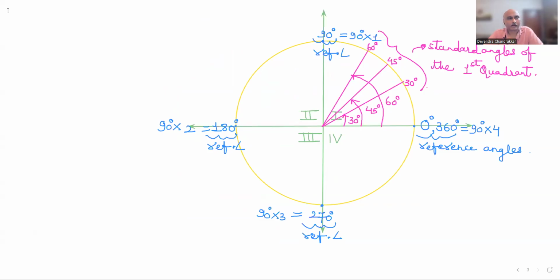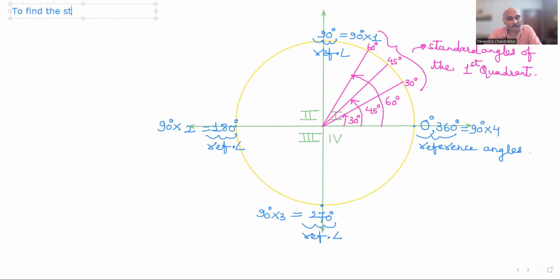Now, as there are standard angles of the first quadrant, the question is, are there standard angles of the second, third, and fourth quadrants also? The answer is, of course, yes. We do have standard angles of the second, third, and fourth quadrants. And how do we find them?